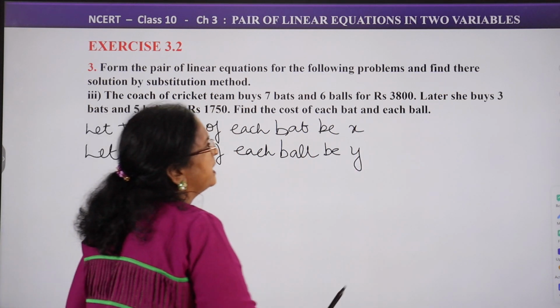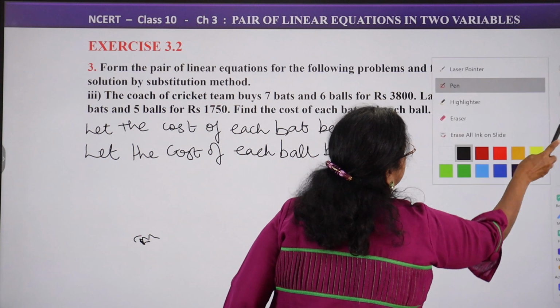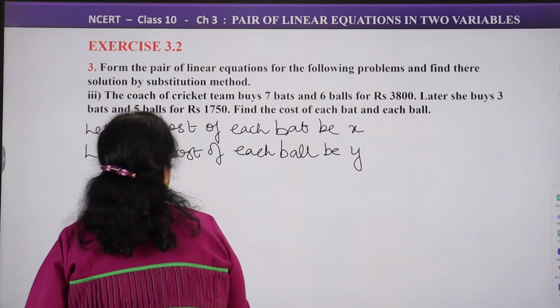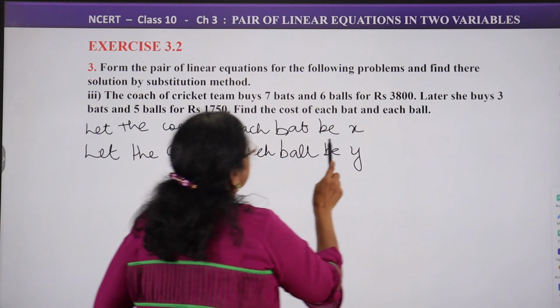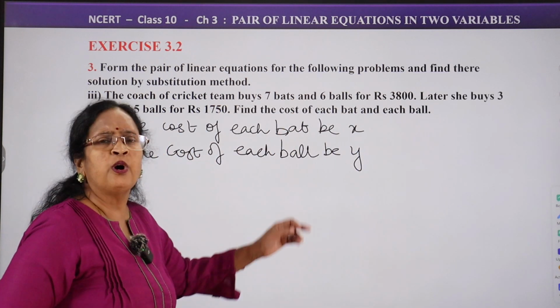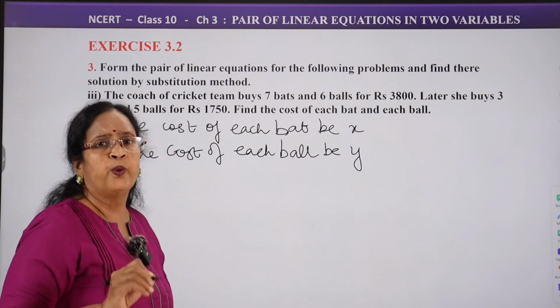All right. Now, 7 bats, so I will write 7x. And then 6 balls, so I will write 6y.